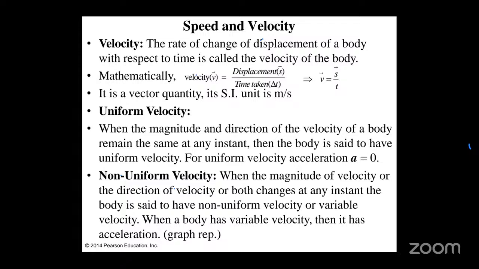When the magnitude and direction of the velocity of a body remains the same at any instant, then the body is said to have uniform velocity. For uniform velocity, acceleration is 0.